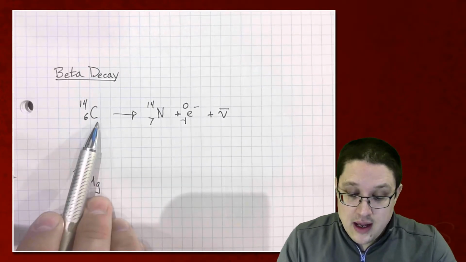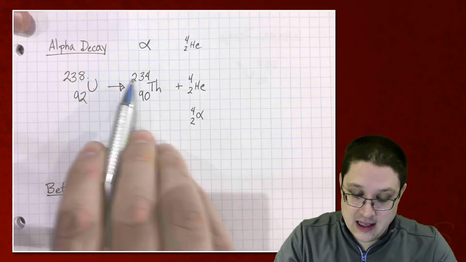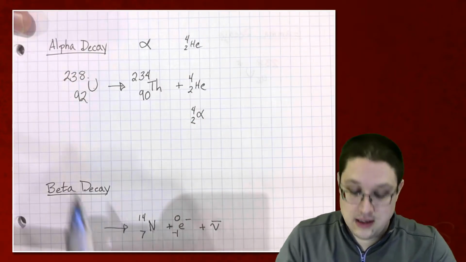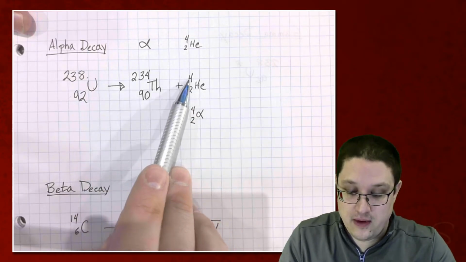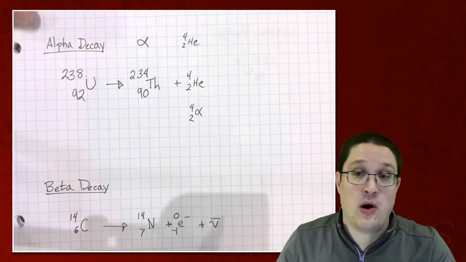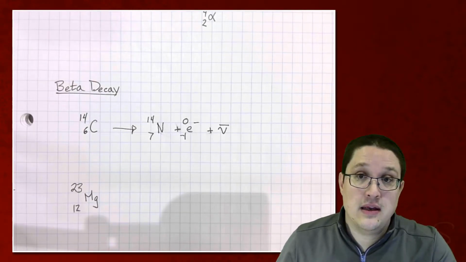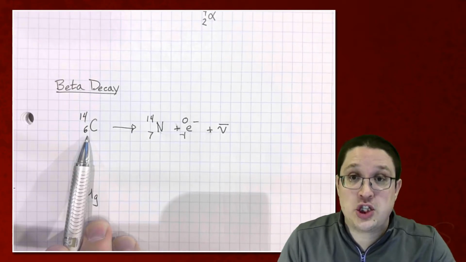So if you notice, alpha decay has a nucleus that splits off part of itself. It sends out an alpha particle, so the resulting nucleus is smaller. Beta decay has a nucleus where something in the nucleus changes.